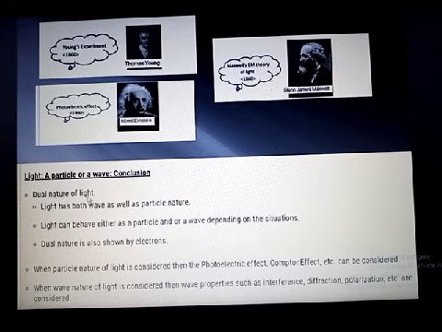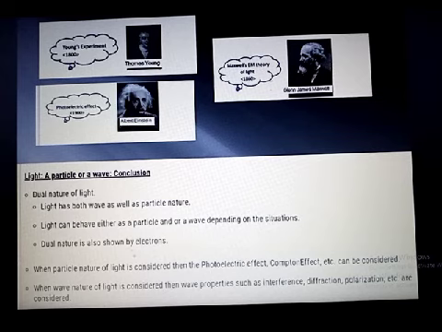They discussed the dual nature of light. So they came to the conclusion that light has particle nature as well as wave nature. Light can behave either as a particle or as a wave depending on the situation, according to how it acts.